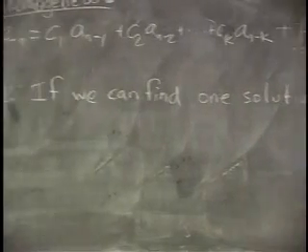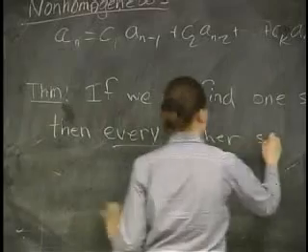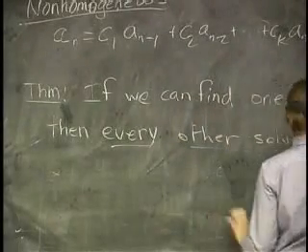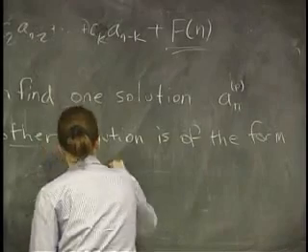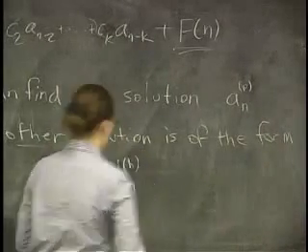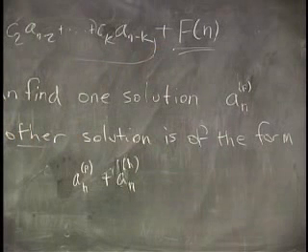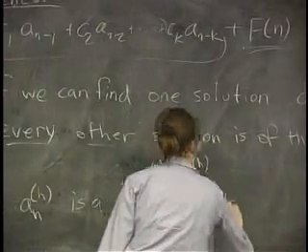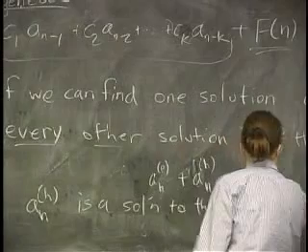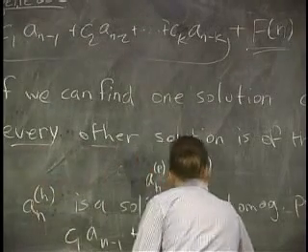Then every other solution is going to be of the form a sub n of p plus some other a sub n of h, where this guy is a solution to the homogeneous part, c1 a sub n minus 1 plus blah blah blah plus ck a sub n minus k.